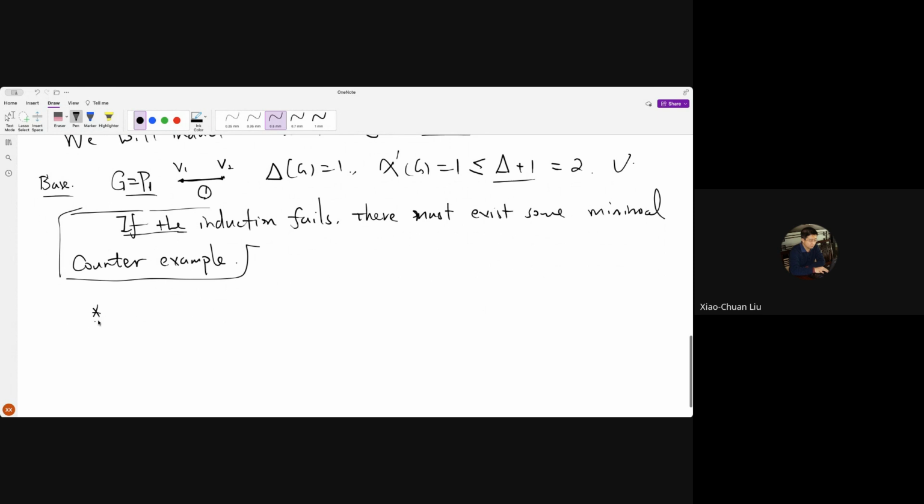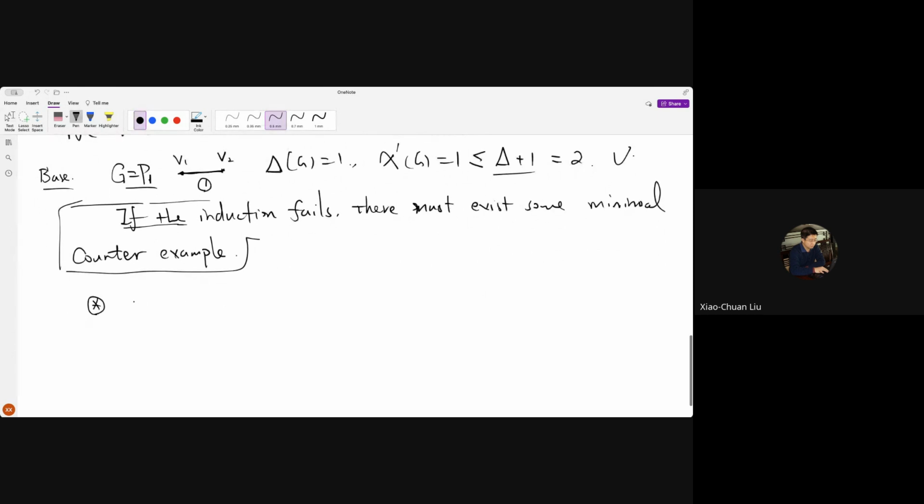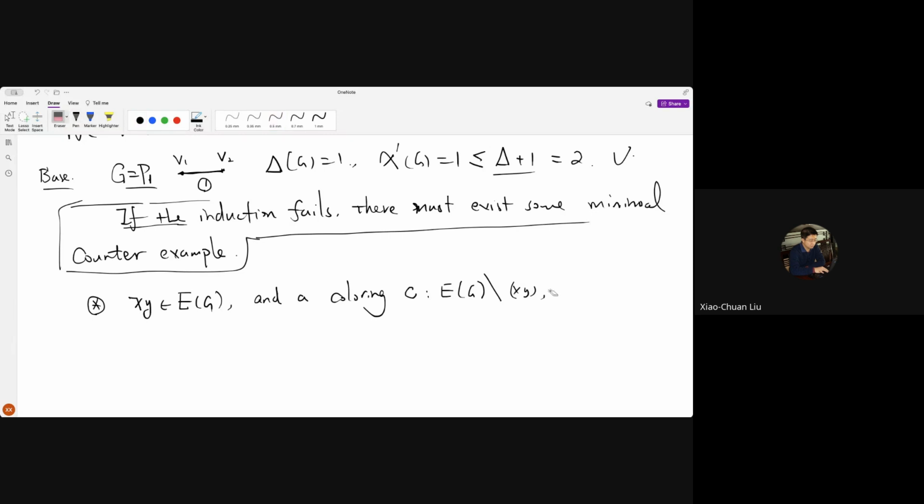We want to claim that if the conclusion is wrong, we can find an edge xy in the graph, and a coloring, which I call C, of E(G) minus this edge, using delta plus 1 colors.